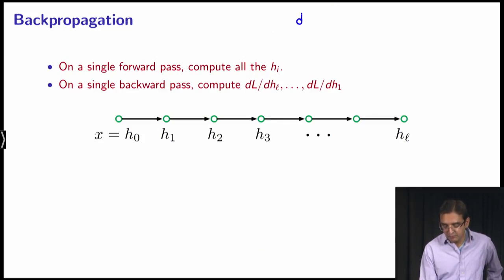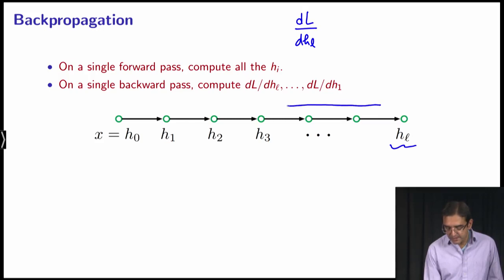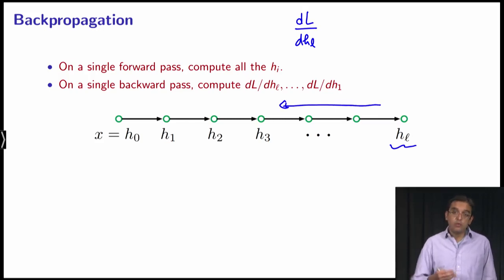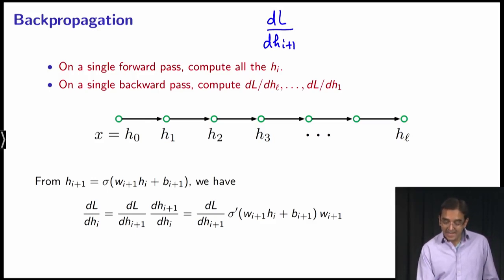So to get the derivative of the loss at the very last unit, okay, that's easy since the loss is a direct function of that. Okay? But let's say that we've gone a certain way down, and now we want the derivative of the loss with respect to the next hidden unit. Okay? So let's say we already have the derivative of the loss with respect to unit H sub i plus 1, and now we want the derivative of the loss with respect to unit H sub i.